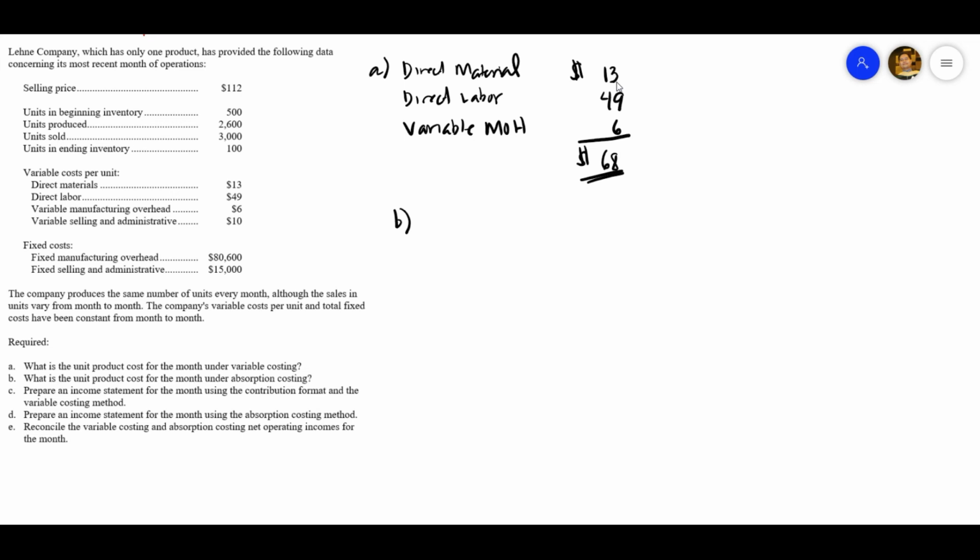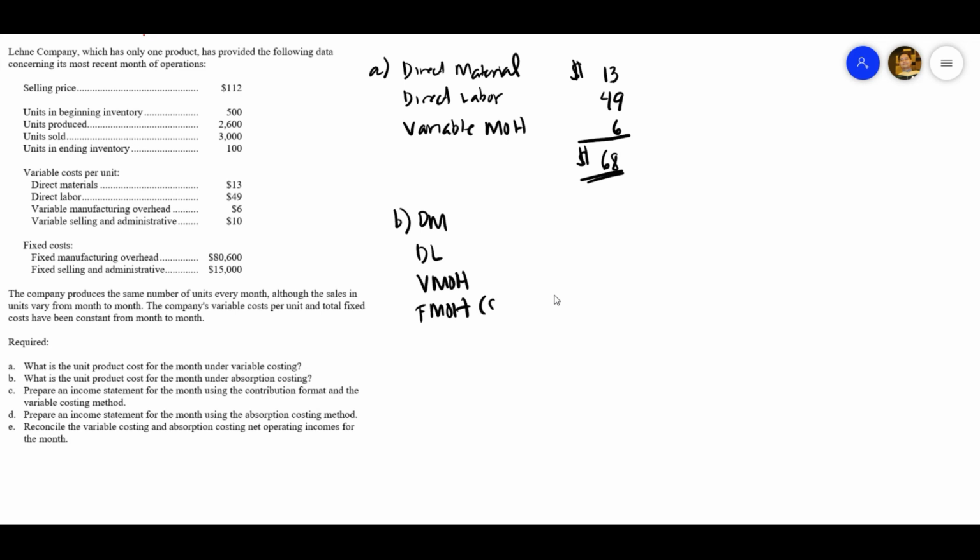Okay? For letter B, what if we are looking for the unit product cost under absorption costing? If that is the case, it's just the same as the variable costing. We are now adding the what? Fixed manufacturing overhead. Okay? So, we have your direct material, direct labor, and variable manufacturing overhead, and we now need to compute for our fixed manufacturing overhead. However, the amount here is in total, and we need to get the per unit. So how do we do that?